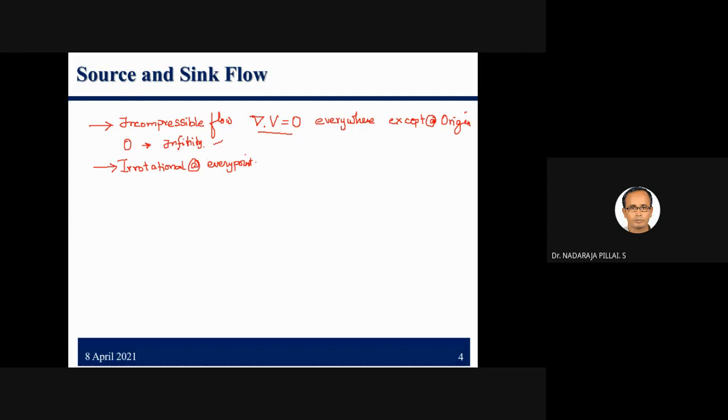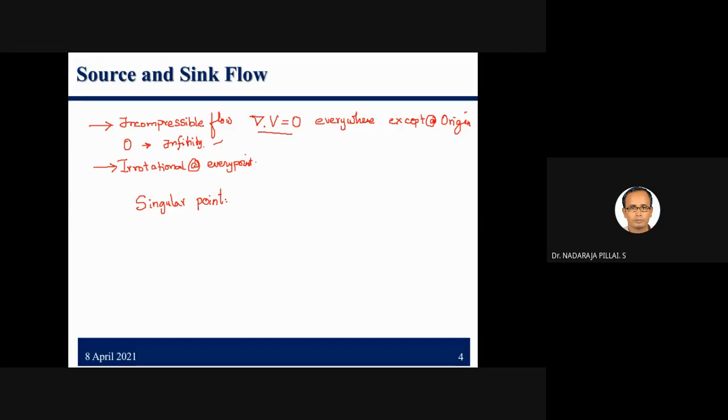If it is infinity, then we can consider the origin as a singular point, as in mathematics.